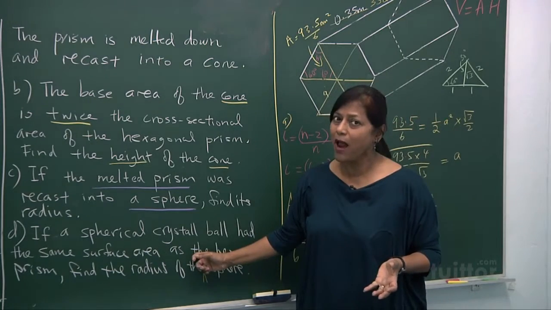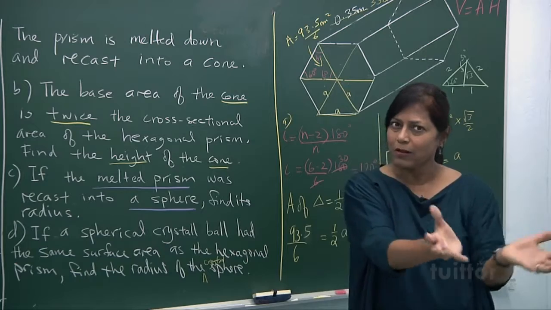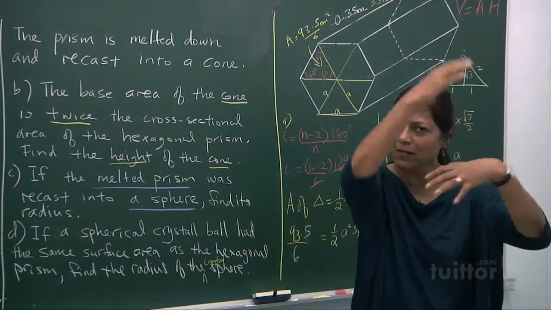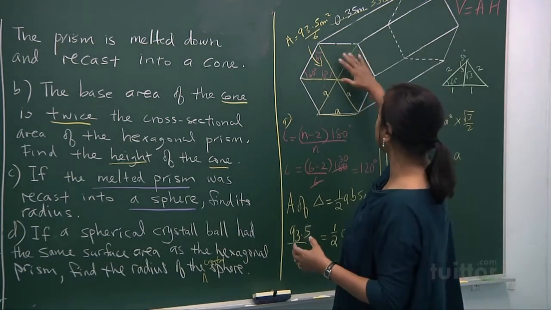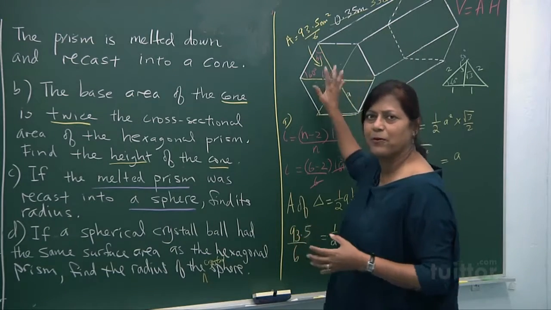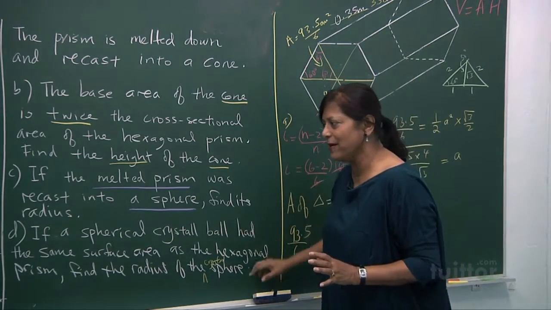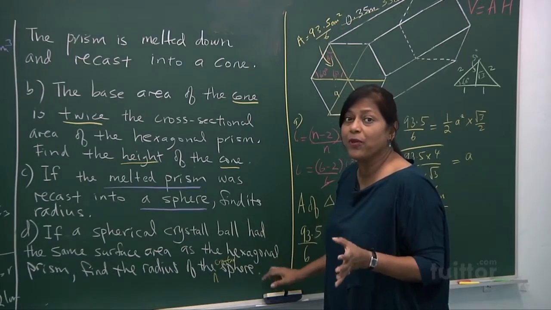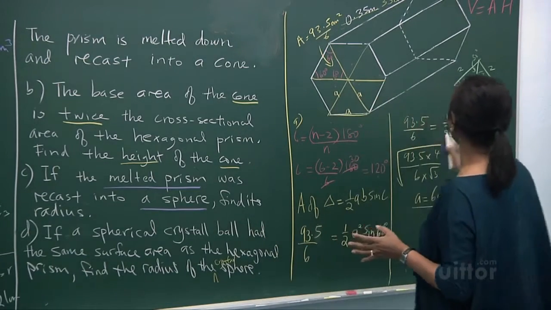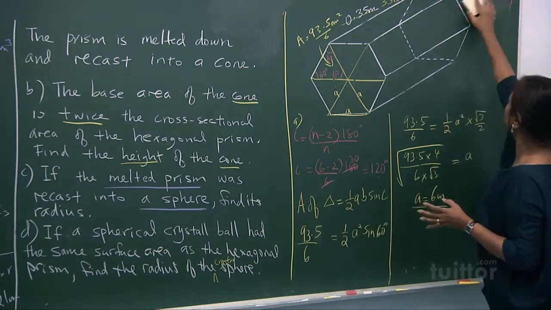Whereas in the second one, there is a crystal ball, and the surface area of the crystal ball is the same as the surface area of this prism. Same area. So we need to equate area with area. That's the fine distinction.